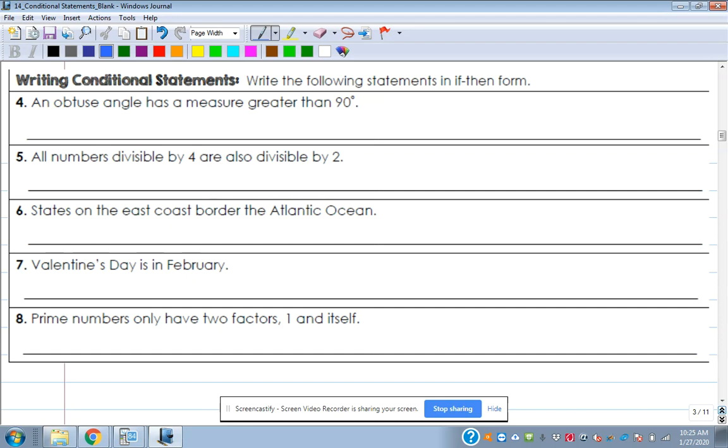So the first statement says an obtuse angle has a measure greater than 90 degrees, all right? So an obtuse angle has a measure greater than 90 degrees, and I'm going to go this route.